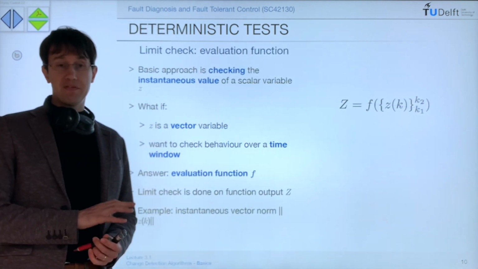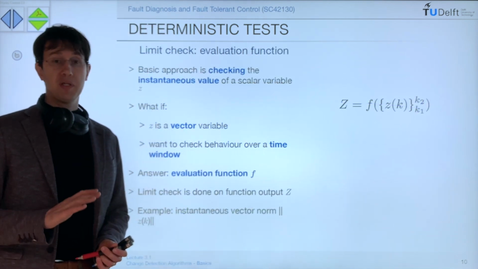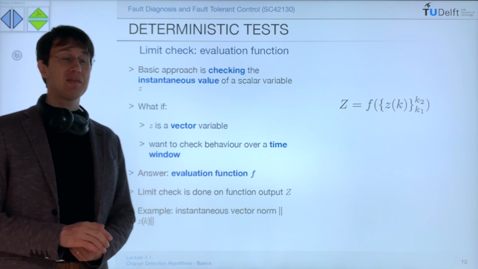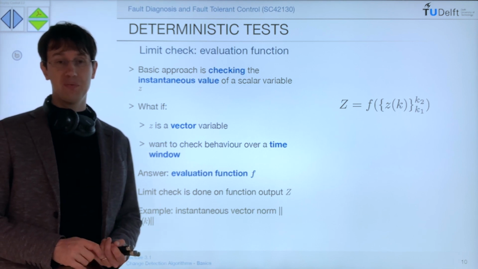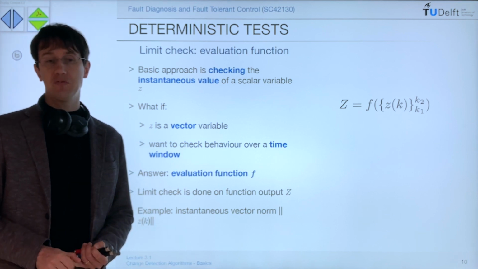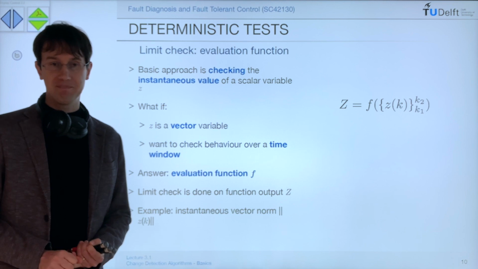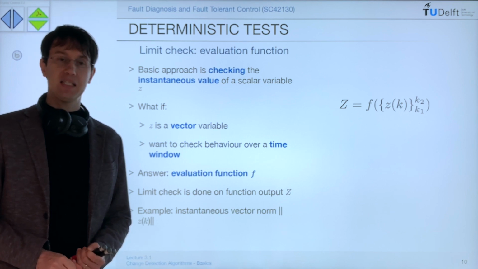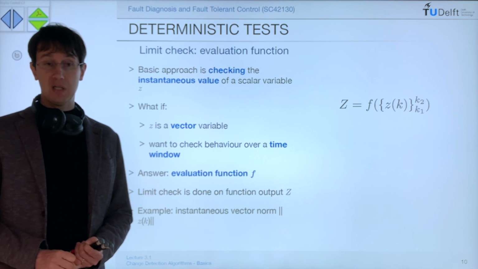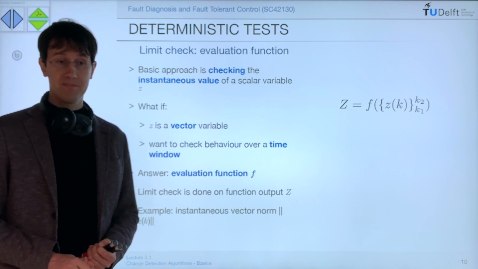The example we have just introduced is assuming two simplifying assumptions. One is that it is enough to look at the instantaneous value of the variable z. The other is that z is a scalar. In a lot of situations, these things are not true.